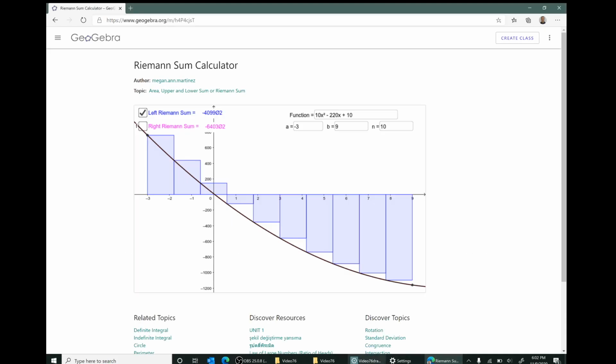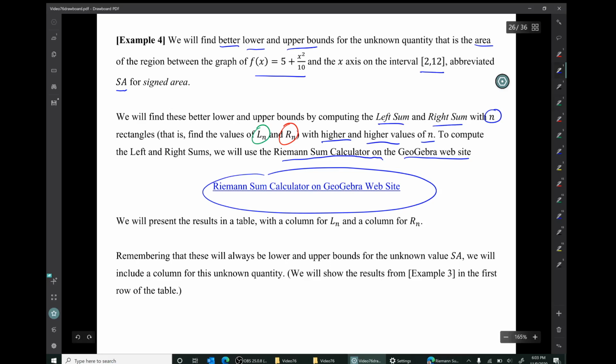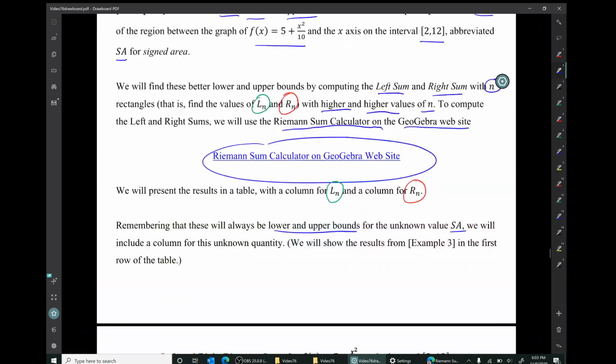There's the calculator. We'll present the results in a table with a column for L subscript n and a column for R subscript n. Now remembering that these will always be lower and upper bounds for the unknown value of SA, the signed area of that blue region, we'll include a column for this unknown quantity. We'll show the results from example 3 in the first row.